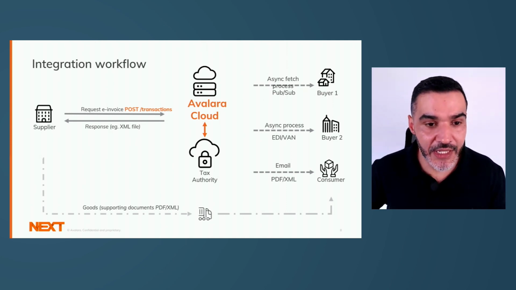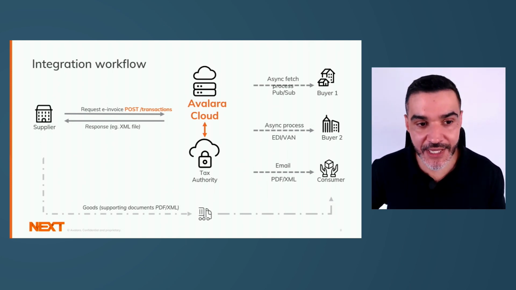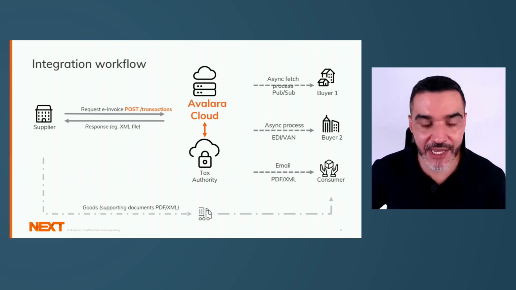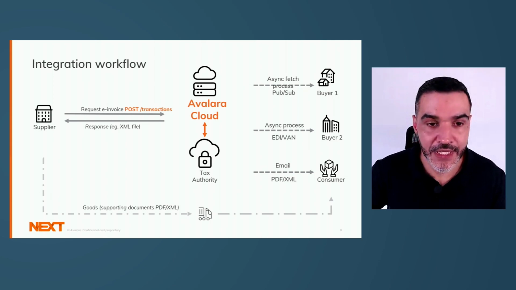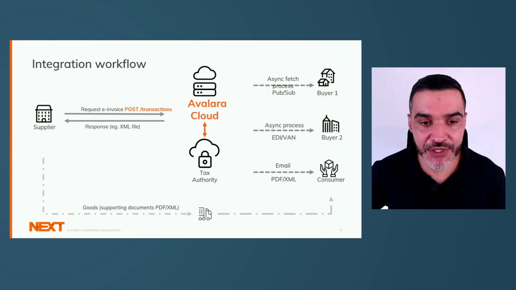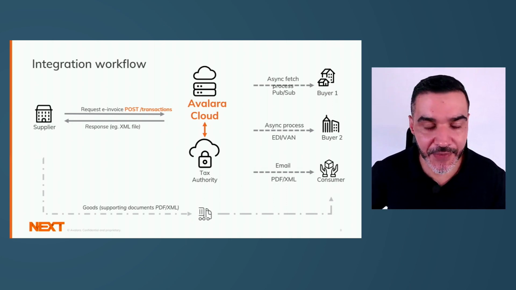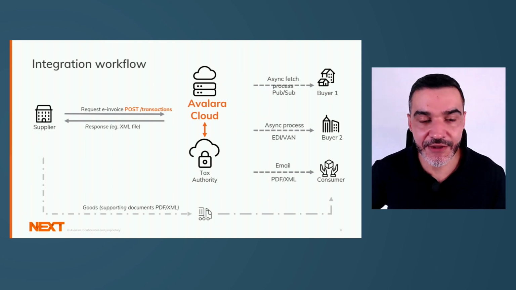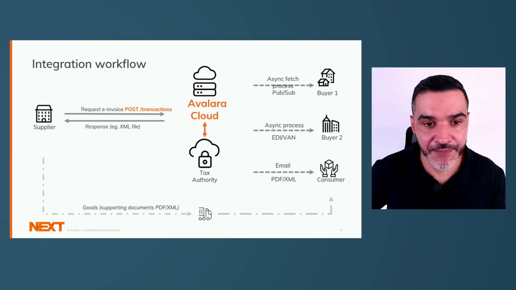In parallel, when that transaction is authorized, or just after that, the suppliers can move the goods with supporting documents like the PDF for that transaction, or even the XML file. On the consumer side, we can have different use cases for consumption of that information. Let's say buyer one has an async fetch process via PubSub to consume all those electronic invoices created against them.